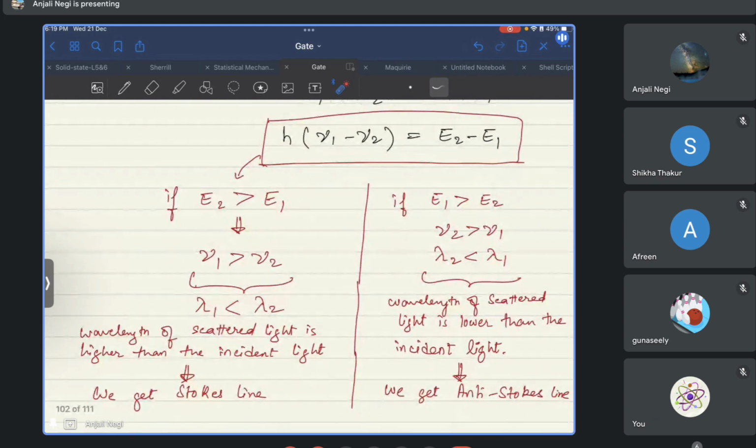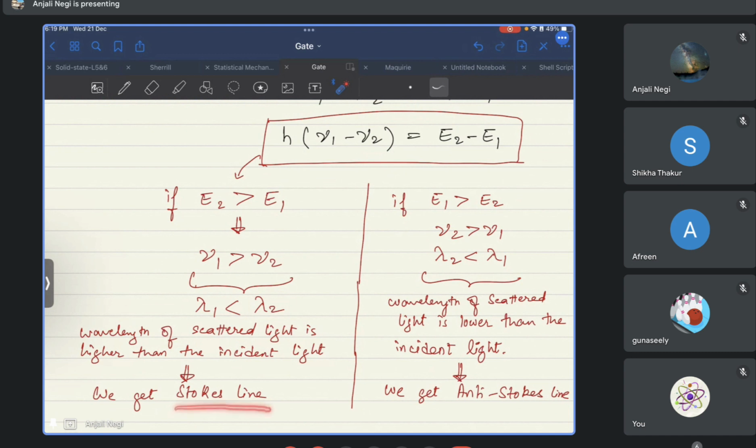And lambda 1 will be smaller than lambda 2. So the wavelength of the scattered light is higher. Lambda 2 is the wavelength of the scattered light. So the scattered light wavelength is higher than the incident light. In that case, we say that we get the Stokes line.